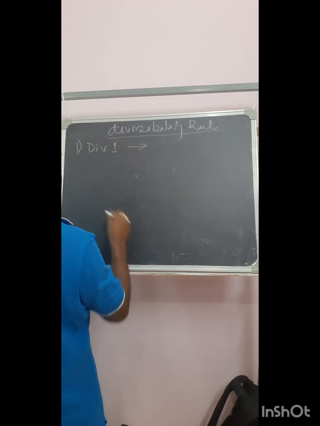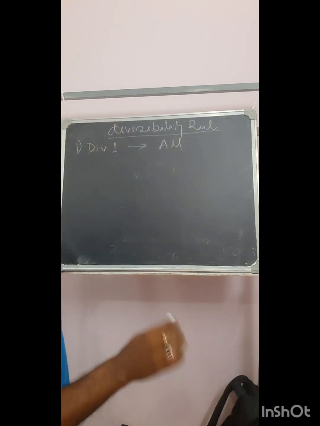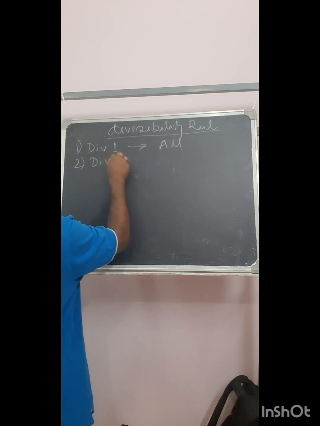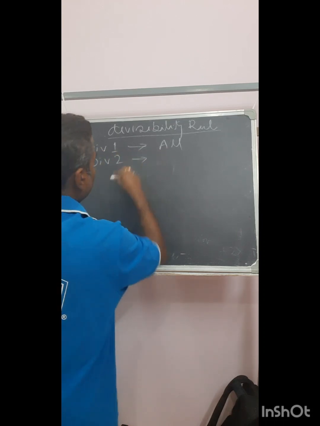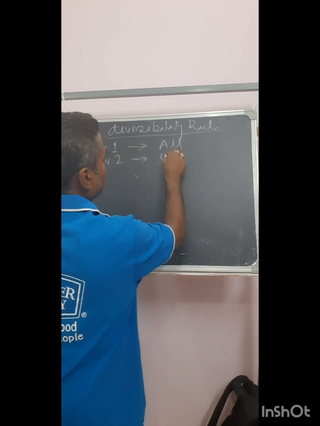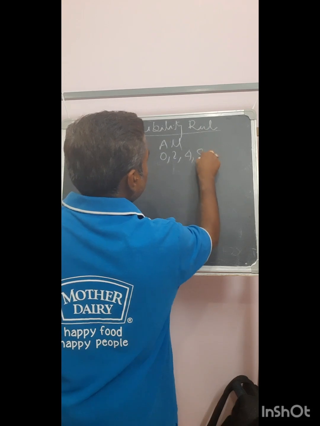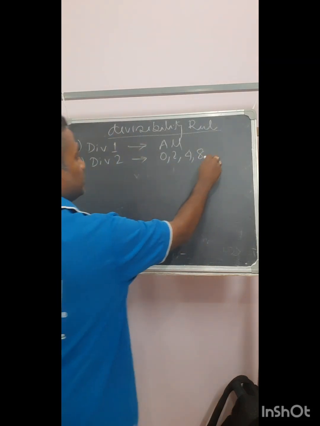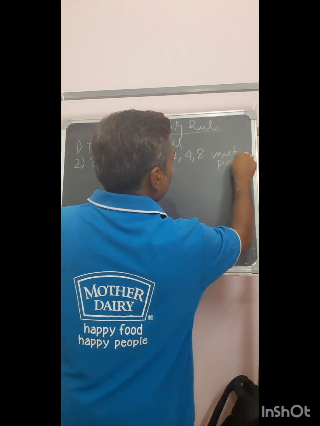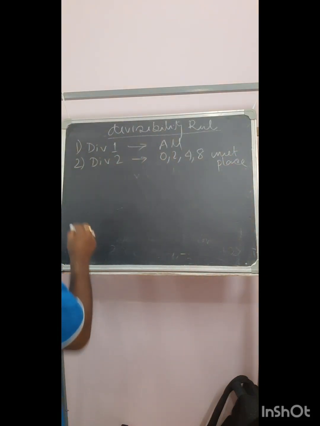The answer is all. All numbers are divisible by 1. Second, divisibility by 2. How do I understand that a number is divisible by 2? If I get an even digit in the unit place of that number, then it is divisible by 2.